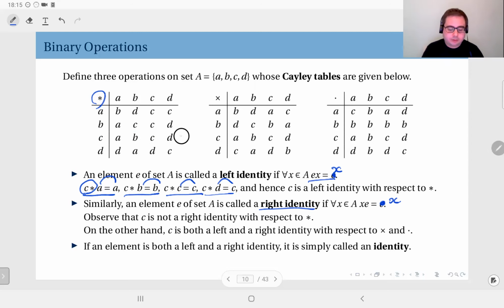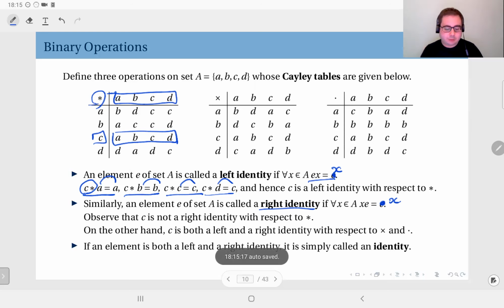Of course, when you look at the Cayley table, you see A, B, C, D here, the same as the column headings, which denotes that C is a left identity. On the other hand, the star operation does not have a right identity.